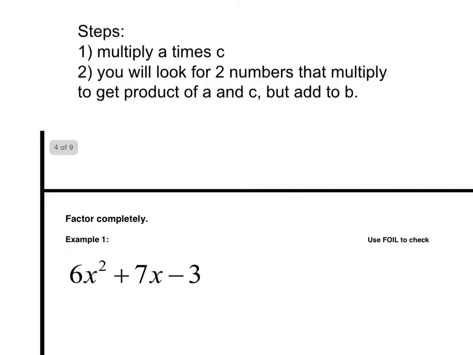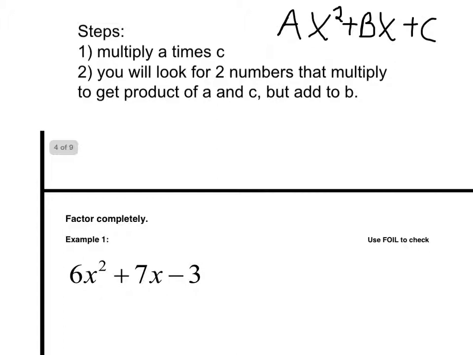So what you're going to do is look again for two binomial factors that when you multiply them together you get the trinomial. Your steps are going to be, this is how you're going to start. You're going to multiply a times c. Remember what we saw before, ax squared plus bx plus c.